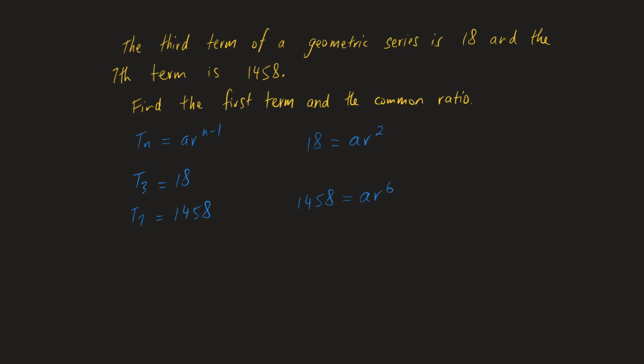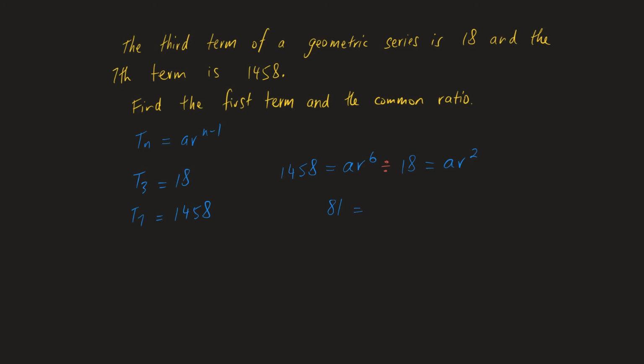What I can do now is divide these terms. I'm going to start with the second equation and divide it by the first. Starting with the numbers, 1458 divided by 18 gives me 81.